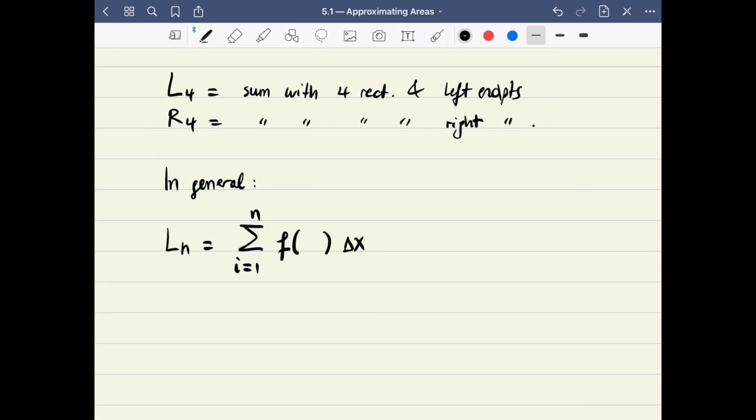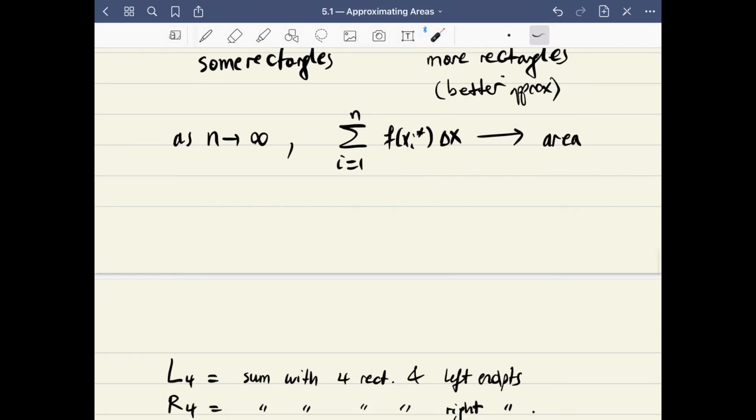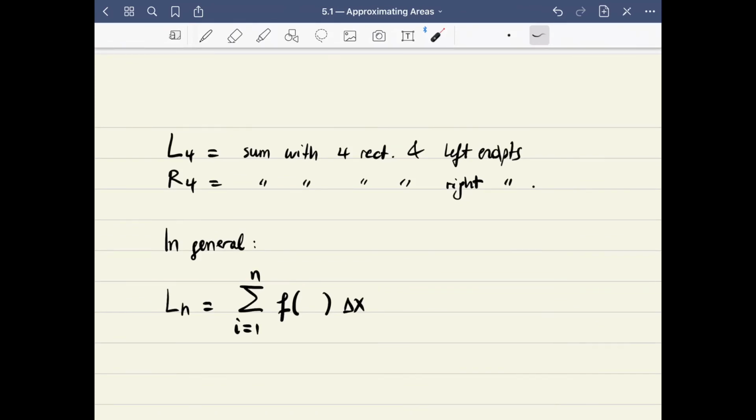Everything is the same. Now the only question with the Riemann sum is, what is this xi star? We don't know what that is. If you choose it to be one of the endpoints, like the left endpoint or the right endpoint of the ith subinterval, then you have yourself a specific sum.